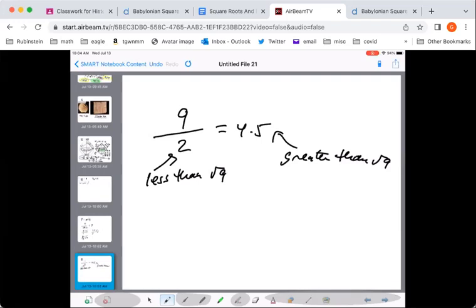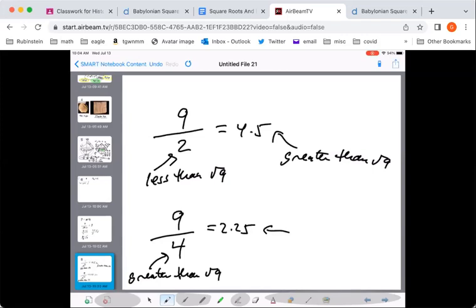And if you divide something by something that's greater than the square root of itself, so 4 is greater than the square root of 9, and you divide, the answer will end up being less than.